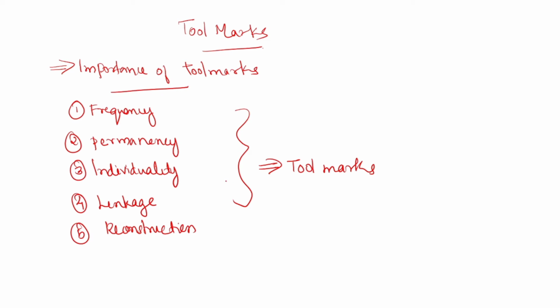Let's check them one by one, first, frequency. A criminal often uses some tools in the commission of a crime. If he is prying open a window, he uses a crowbar or a screwdriver. If he is opening a lock, he uses a ghost key, a master key, or a cutter.